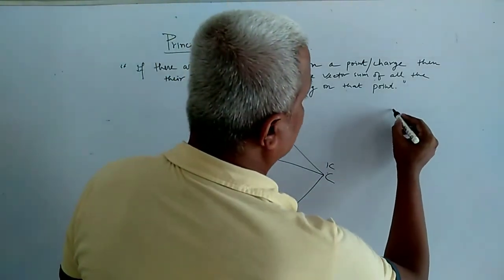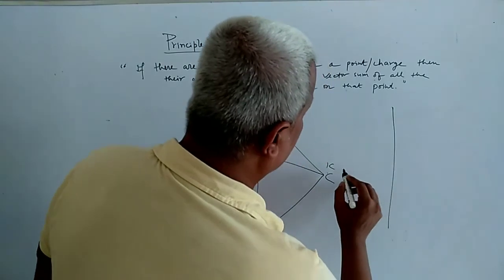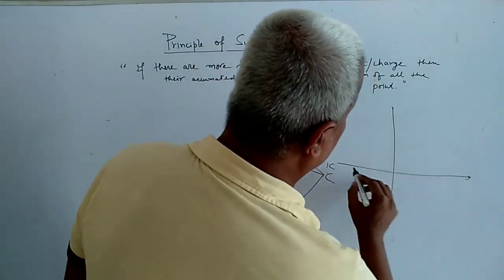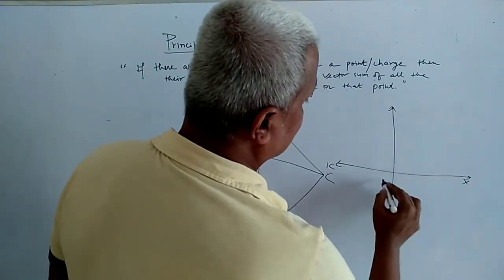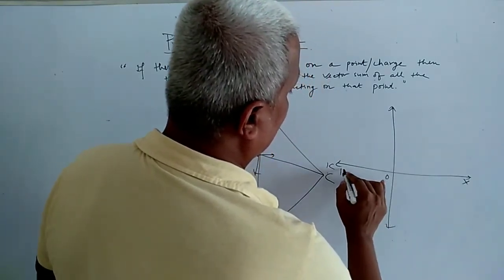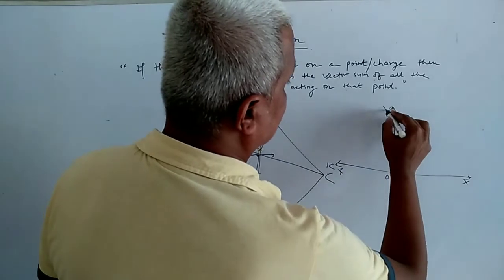How? Suppose now I bring the whole thing into coordinate terminology like this. This is my x-axis, y-axis, this is x, O and x dash, this is y.